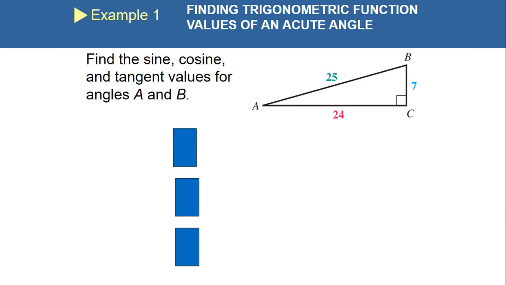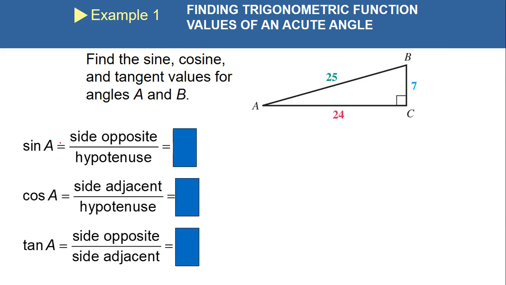For example, we're looking at sine of A, cosine of A, and tan of A. So for the sine of A, from this angle, what's opposite of it? 7. And this is automatically your hypotenuse, because it's across from your 90 degrees. So my opposite is 7, my hypotenuse is 25. So it's 7 over 25.